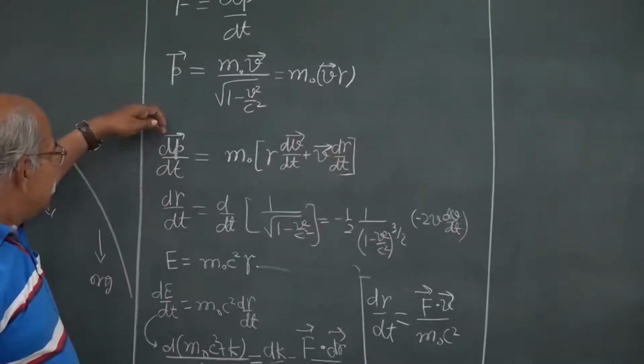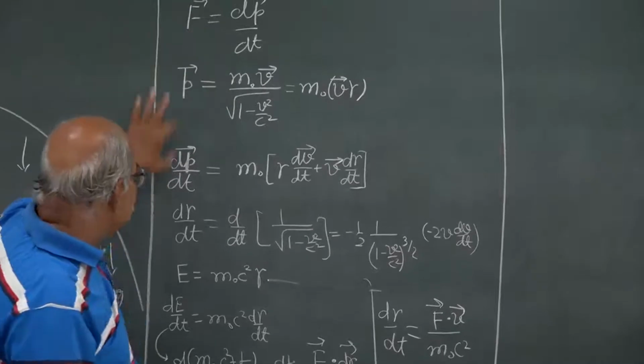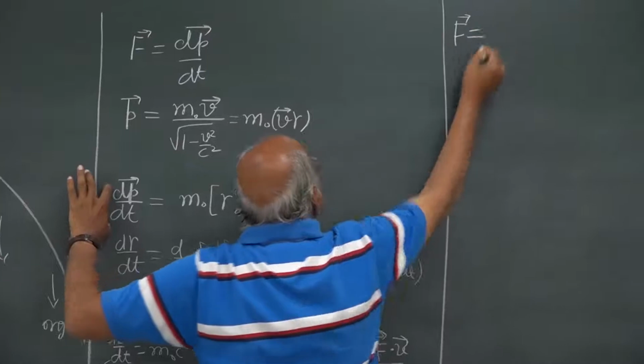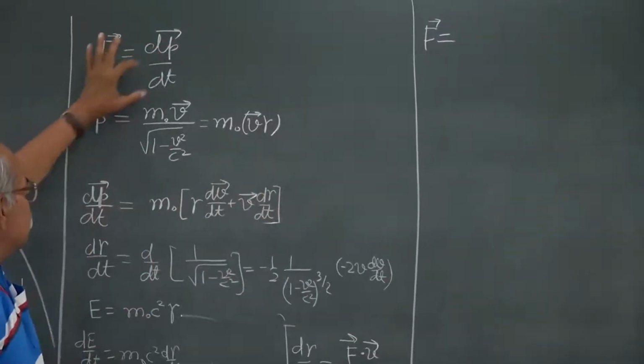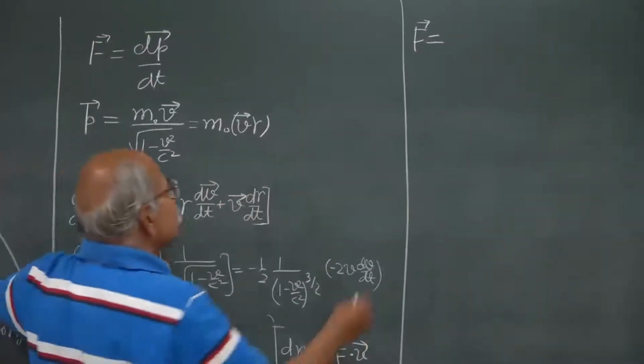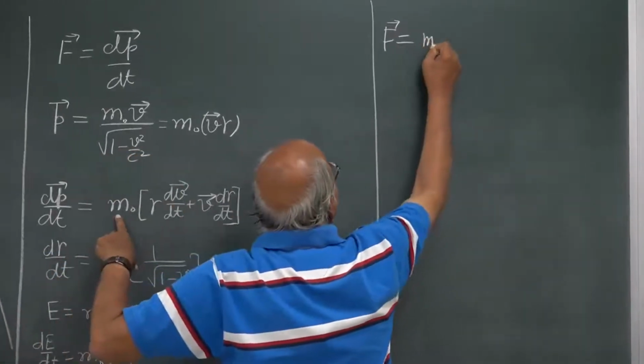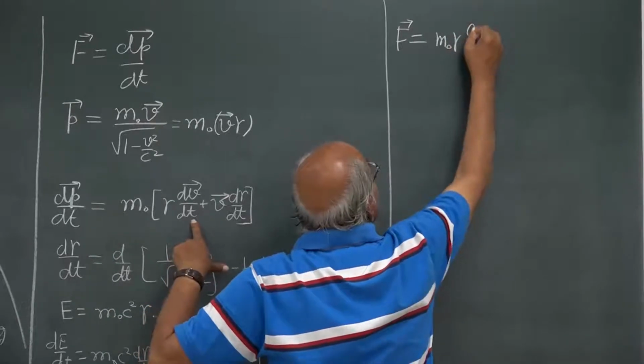What do you get? Force is equal to dp/dt, and dp/dt is m naught gamma dv/dt.